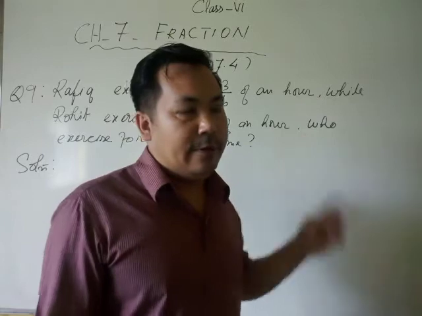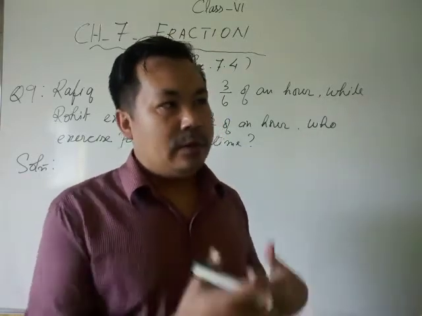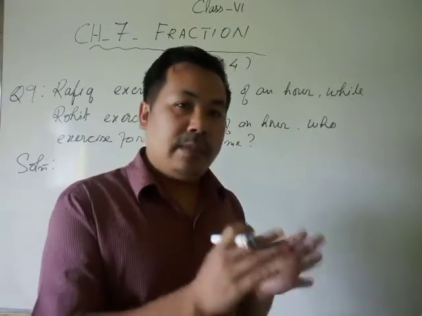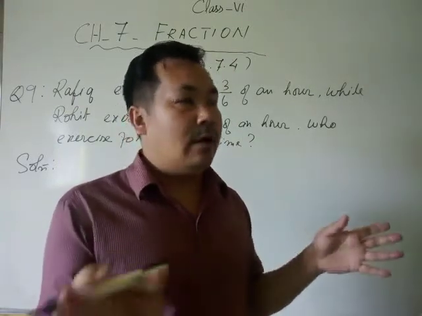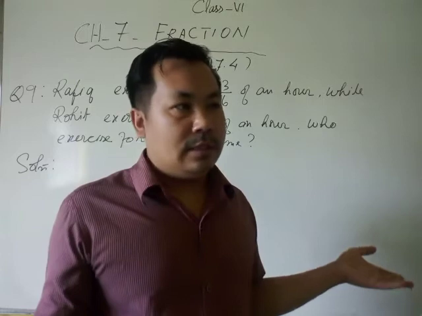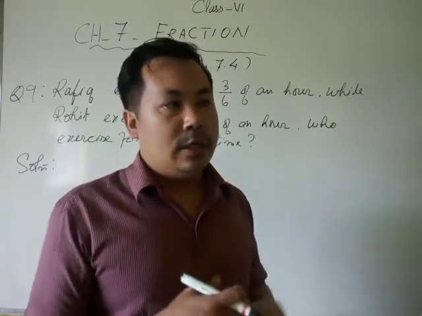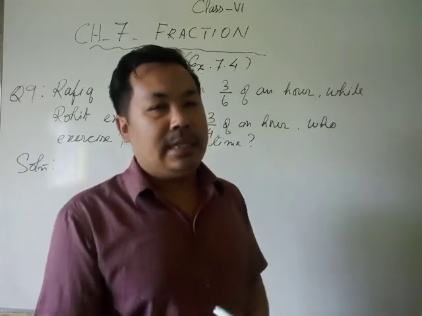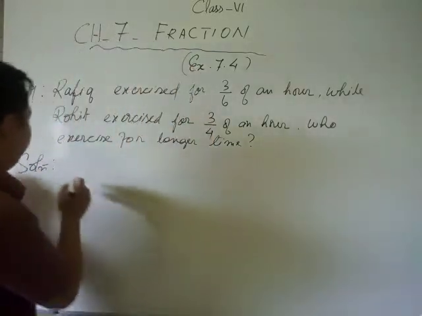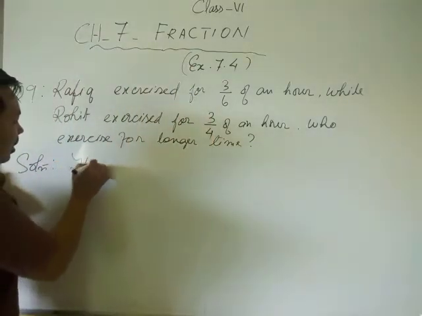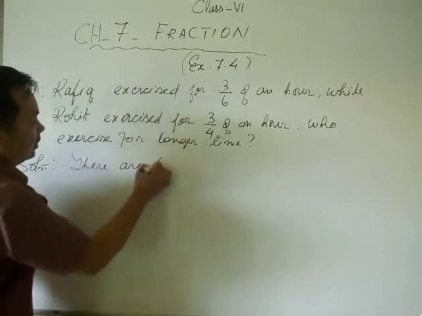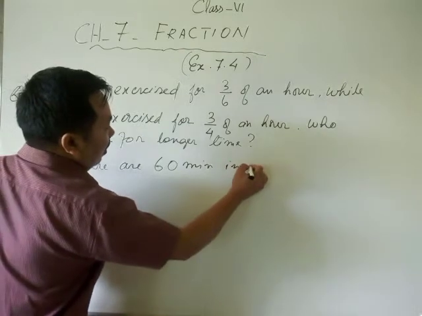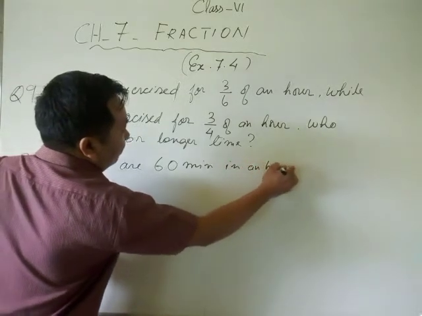So the given fractions are minutes only, because it's not a whole hour. A fraction of an hour is minutes only. When we divide the hour into a number of units, it becomes minutes. So how many minutes are there in 1 hour? There are 60 minutes in an hour.